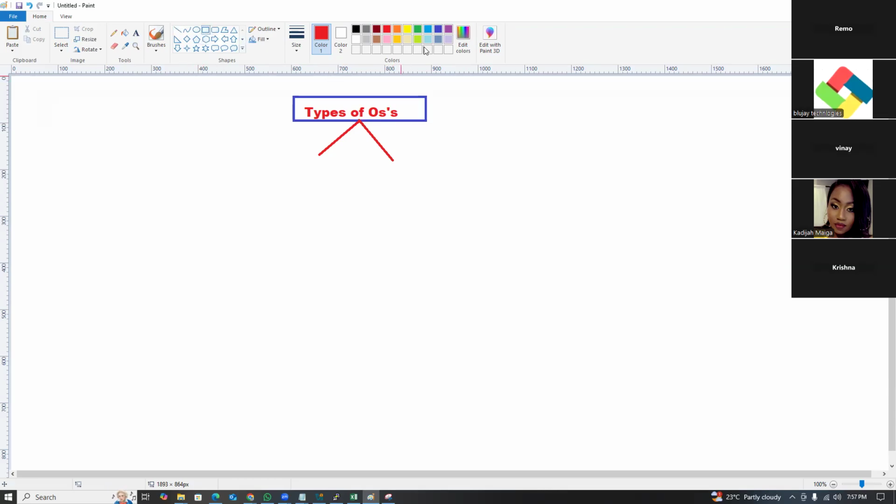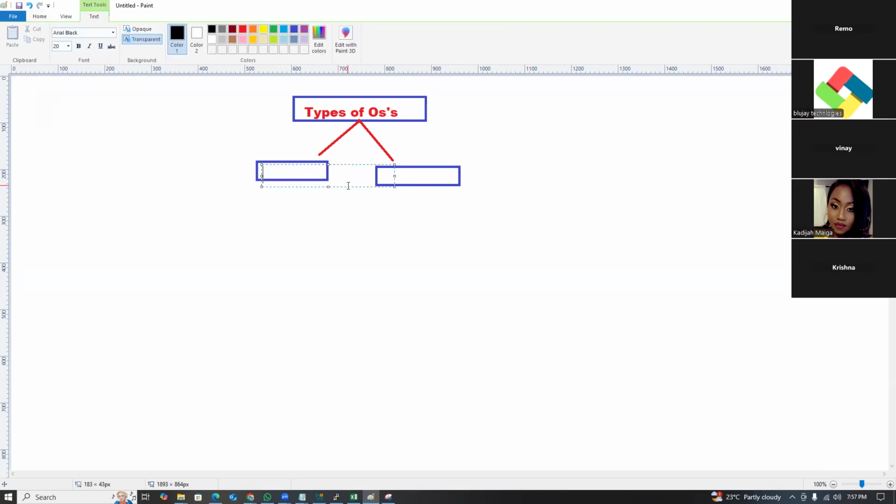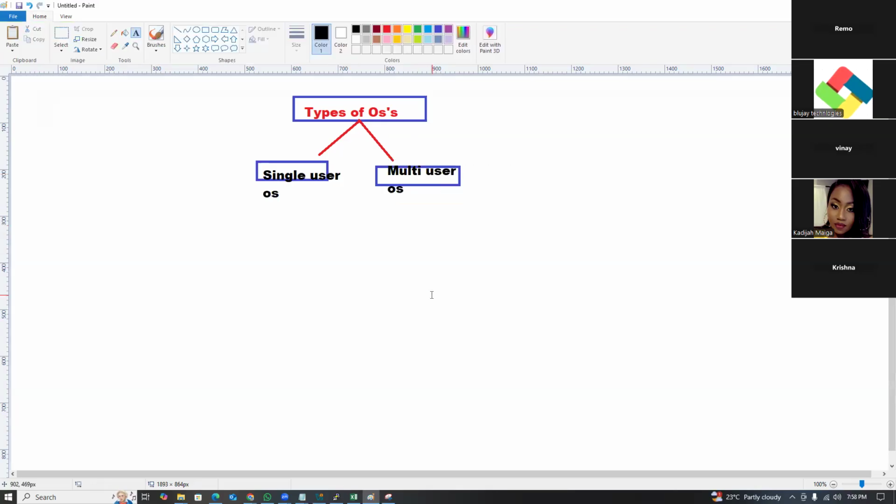Do you know what are the types of OSs? You don't know, no? So there are two types of OSs. One is single user operating system and the other is multi-user operating system. Windows is one, and Linux is another.